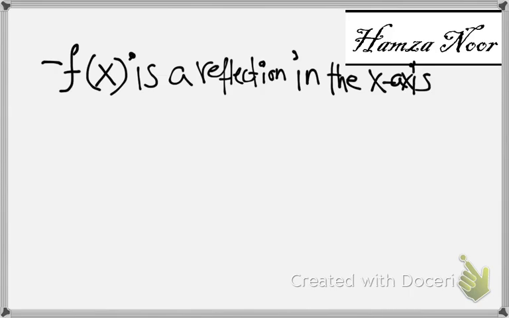And the second case is that if you need to reflect the graph of a function in the y-axis, a minus sign is multiplied within the function. Wherever there is the value of x in a function, it will be multiplied with a minus sign. So f(minus x) is a reflection in the y-axis.